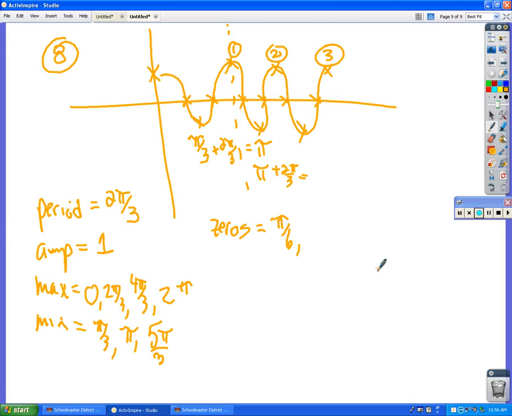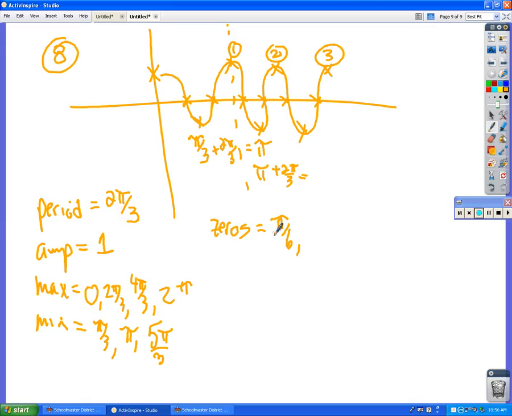So now the question is, how far apart are these little guys right here? And this is a little bit confusing, but if I go from here down and then back up again, that's half of a cycle. So if the whole cycle is 2 pi over 3, then this distance right here has to be pi over 3. So I'm going to just keep adding a pi over 3 each time.